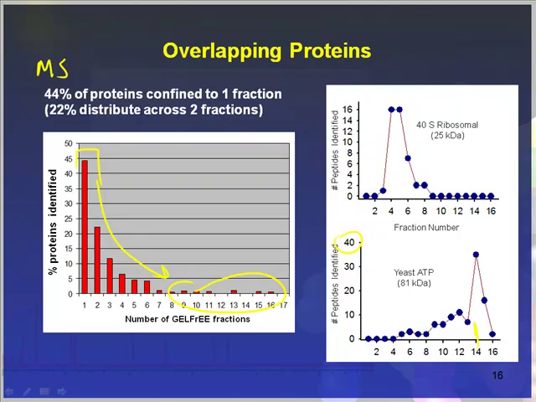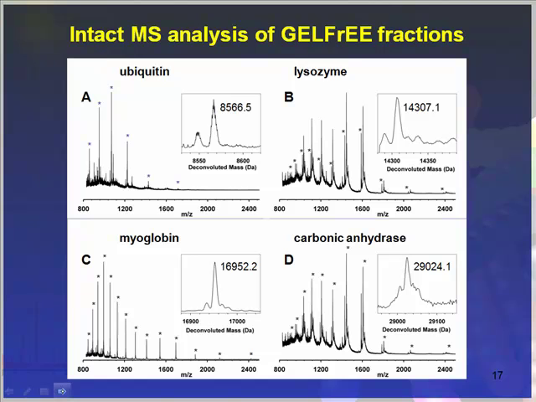In the later fractions, as being a larger molecular weight protein, but there is some protein detected even in the small fractions, and we're not sure if we should attribute that to breakdown products, degradation product of that yeast ATP, or something else. But it does seem to confirm that even for proteins that do spread across multiple fractions, the majority of that particular protein is found exactly where you would expect it to be.